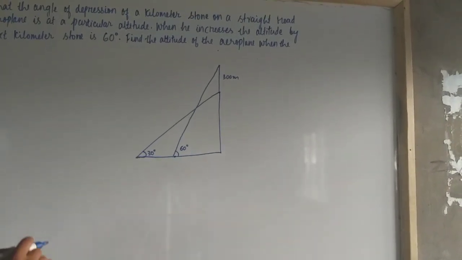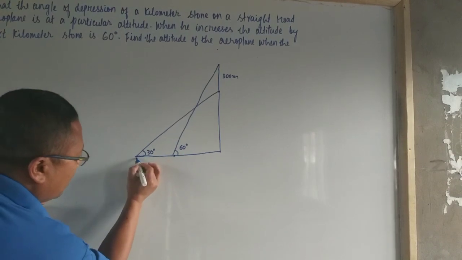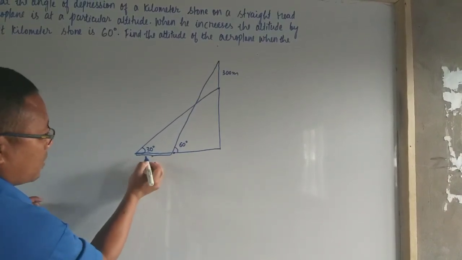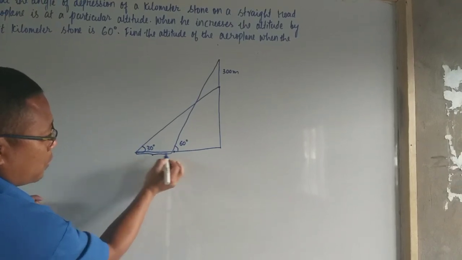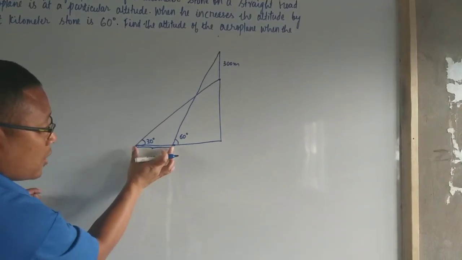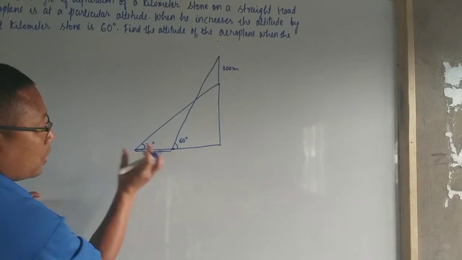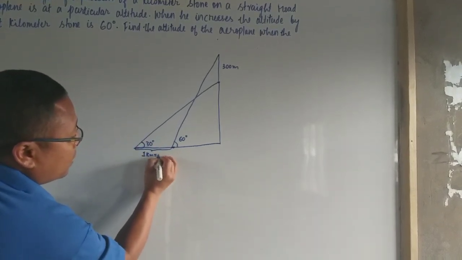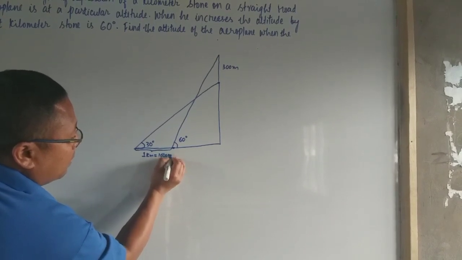Now another thing which is very important is this distance. This is a kilometer stone, this is a kilometer stone. So the distance between two kilometer stones would automatically be 1 kilometer, which is 1000 meters.